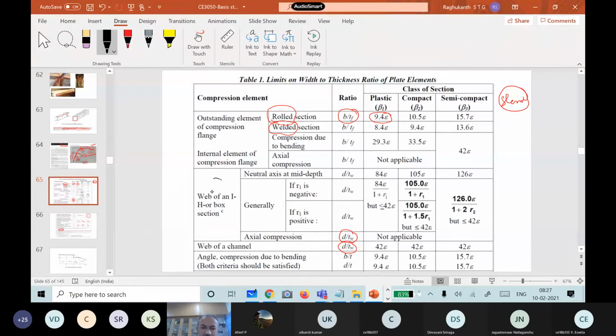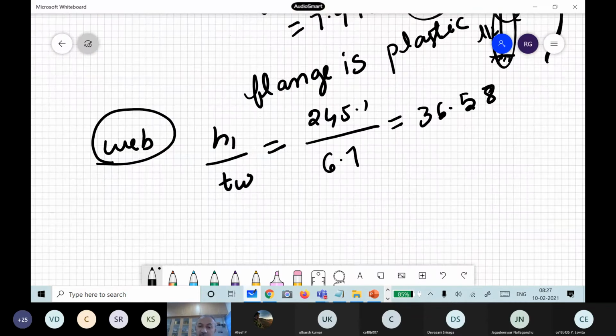So the web of an I section, you can see here they have given the web of an I section, with neutral axis at mid depth. Anyway, our I section is symmetric. If it has to be plastic, what is the limit here? 84. Compact section is 105, then semi-compact is 126. Now tell me what our section is.